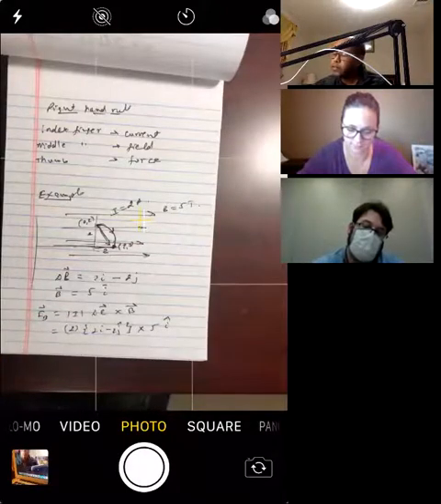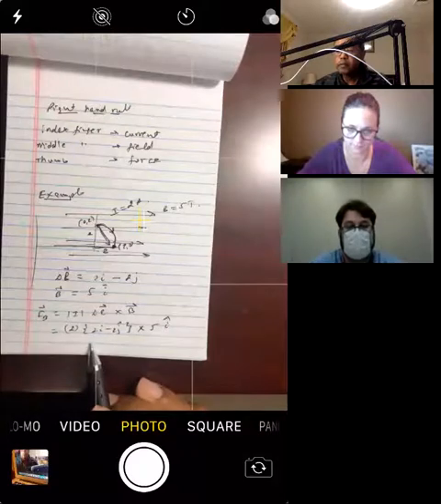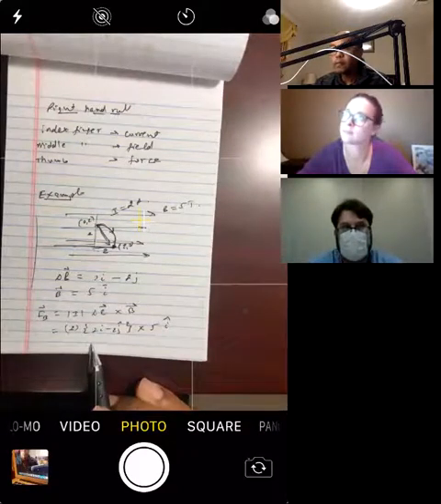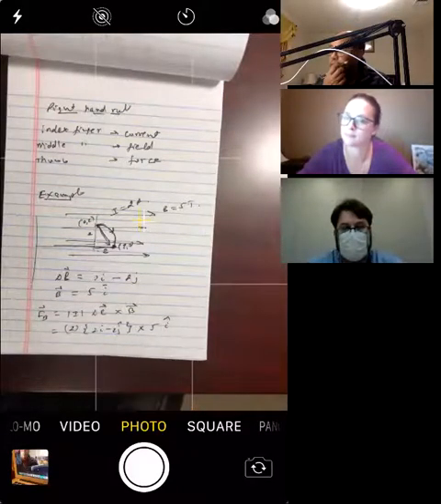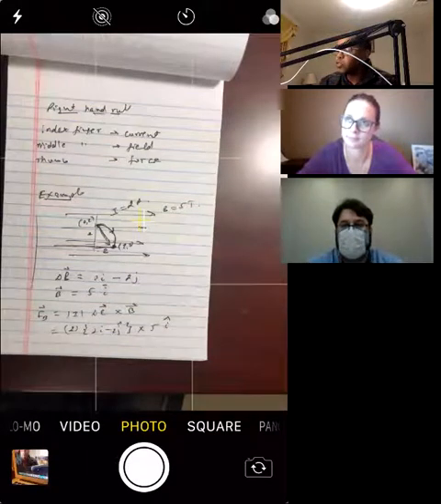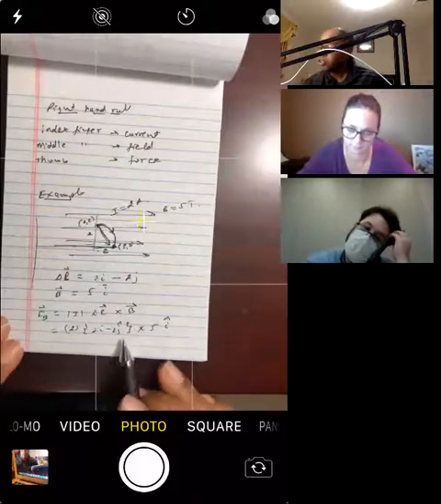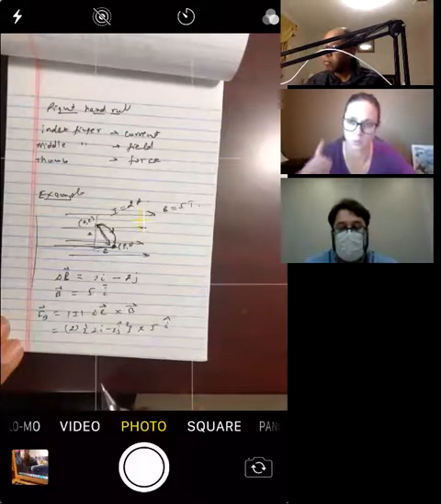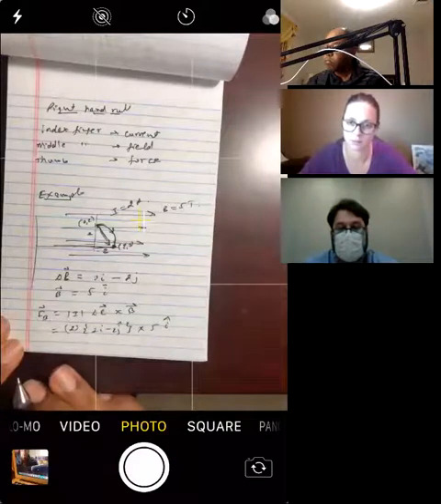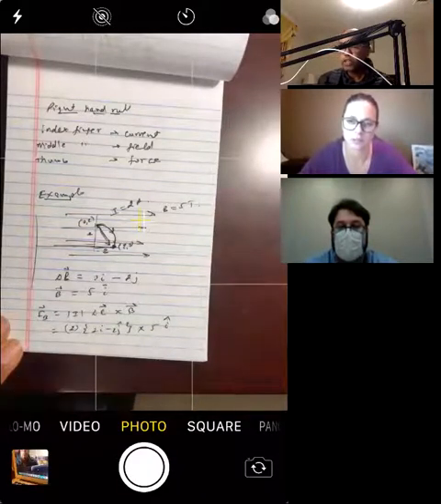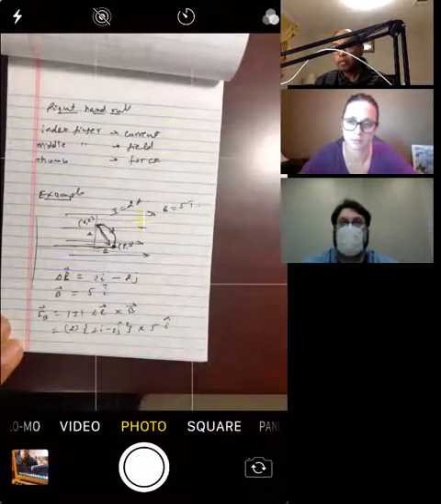So what's i cross i? What do you get if you cross 2 identical vectors? 0. They're parallel, 0. How about j cross i? You know, i cross j is k, and j cross i is going to be negative k.